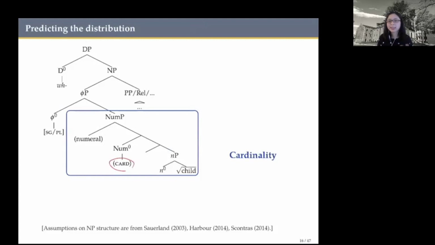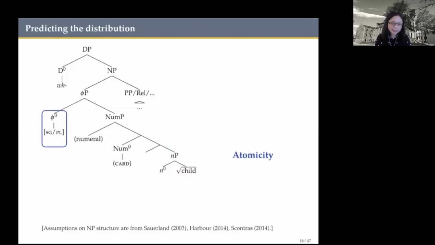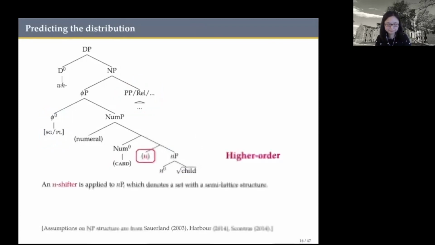So it returns a set of entities that satisfy certain cardinality requirement. And next, at the phi head, there's number feature singular or plural. If you have singular, you're going to check atomicity. And on the top of phi p, we have external modifiers such as PP modifier relative clauses. Okay, so this is the structure of the Davidge phrase.